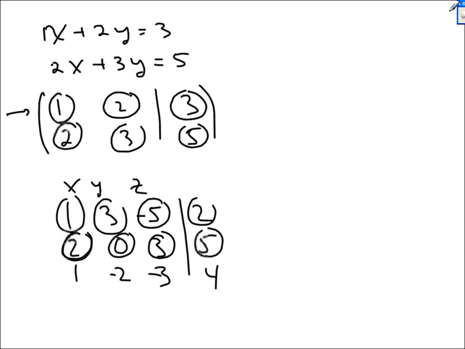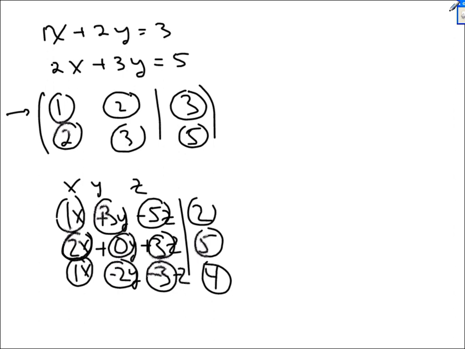I changed the last line: 1x minus 2y minus 3z equals 4. I'm just not writing down the x's, the y's, and the z's. And 3 is positive, 0 is positive. Equals, equals, equals.